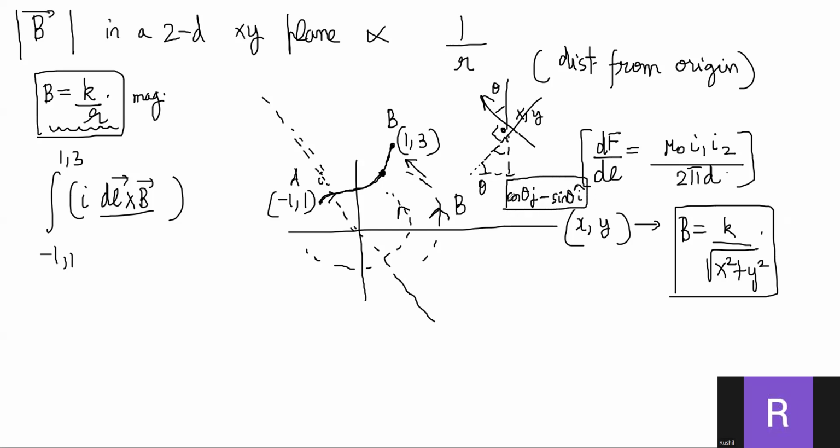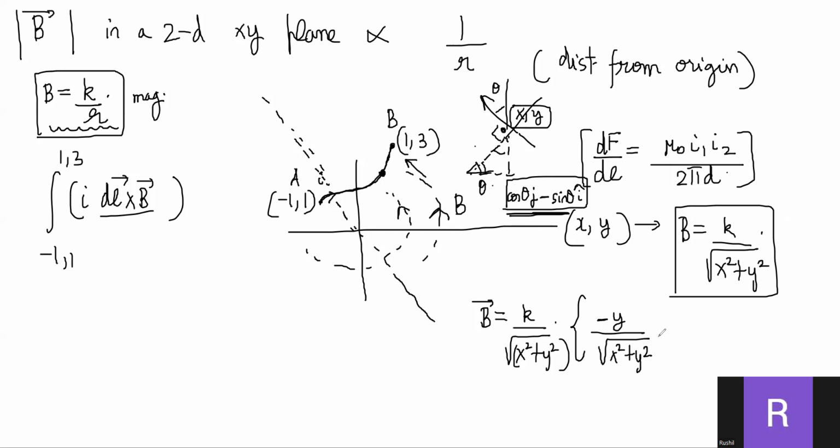So the B vector is k by root over x square plus y square times this unit vector. Since the point is (x, y), cos theta is x by root over that, and sin theta is y by root over this.